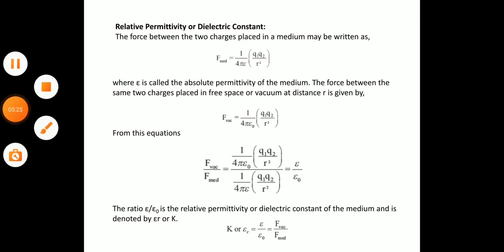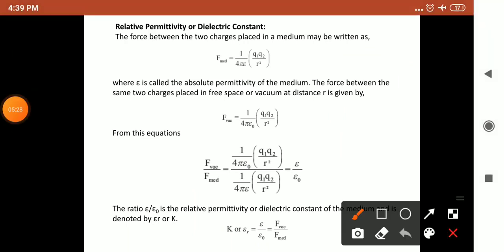Then we learn about relative permittivity or dielectric constant. In Coulomb's law, it was assumed that the charges are held stationary in vacuum, and when charges are kept in a material medium such as water or paraffin paper, the medium affects the force between the charges.